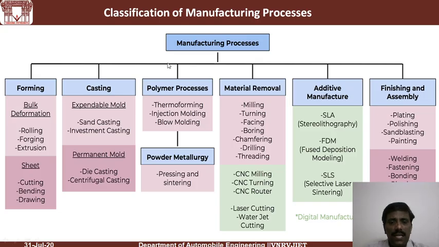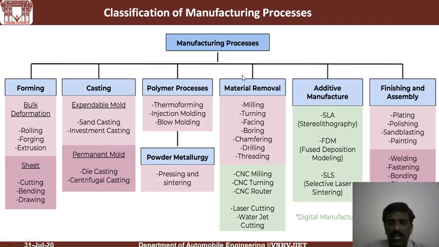And the third category of manufacturing processes is polymer processes and powder metallurgy processes. Polymer processes are also called plastic processing. There are 3 types: thermoforming, injection molding, blow molding. And for powder metallurgy, pressing and sintering process.